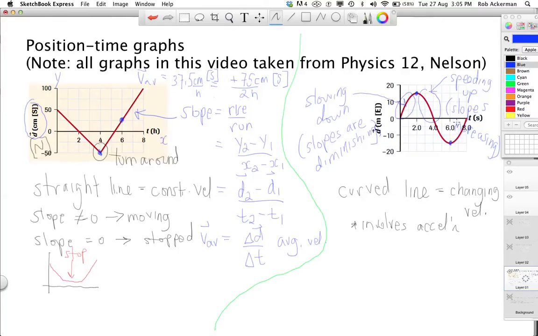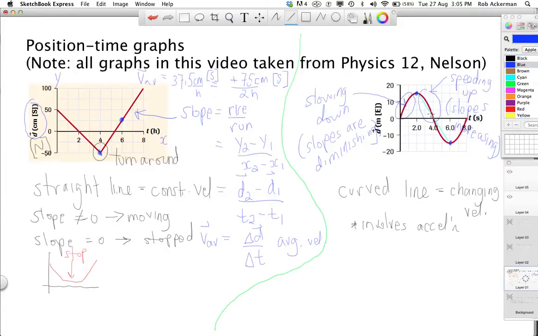There's an average for the stock market over 30 years. There's an average for population over so many years. How do you do this? Well, I'm going to pick a different color here so that we don't get too much confusion. Let's get a straight line going. You just draw a straight line from start to finish. There it is. And that, if you find its slope, you'll be getting the average between the 2 and the 6 second mark.